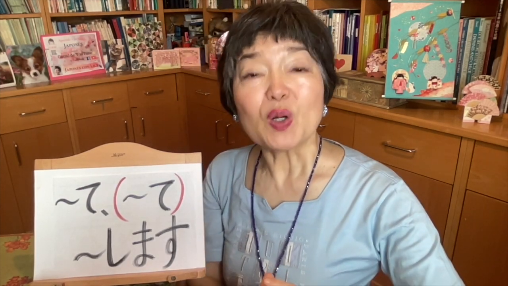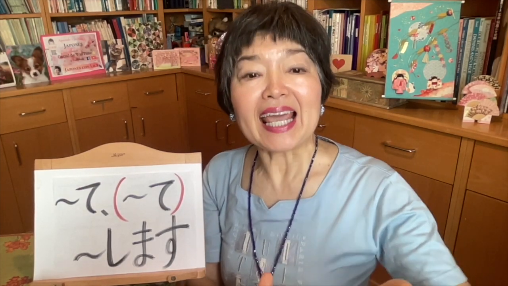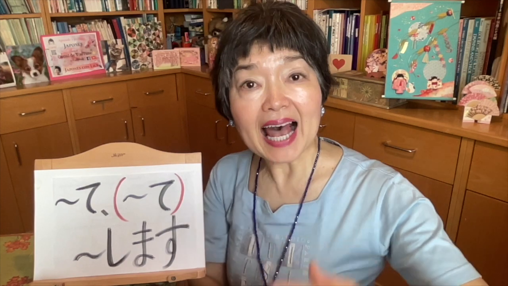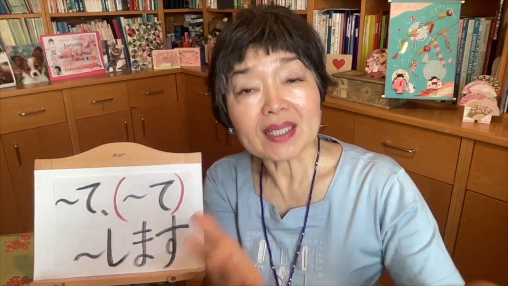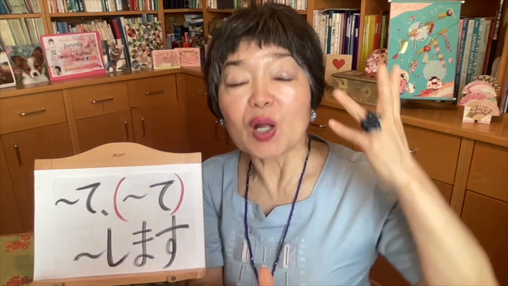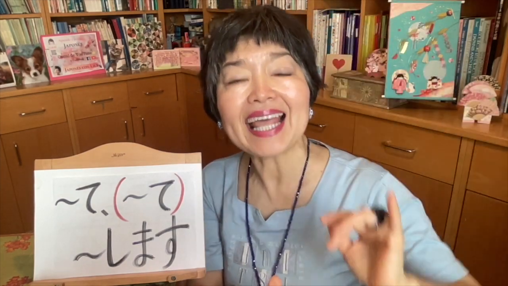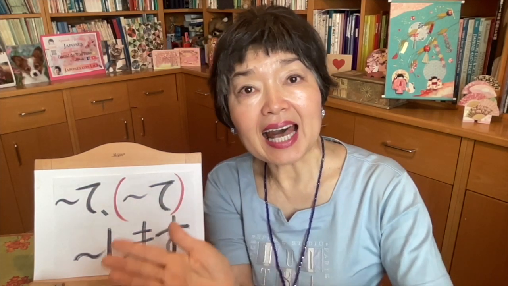I like the man with short hair, tall and handsome. This is an example of a relative clause because I like the man, and what kind of man? The man who has short hair and is very tall and handsome. So I'm describing this man.